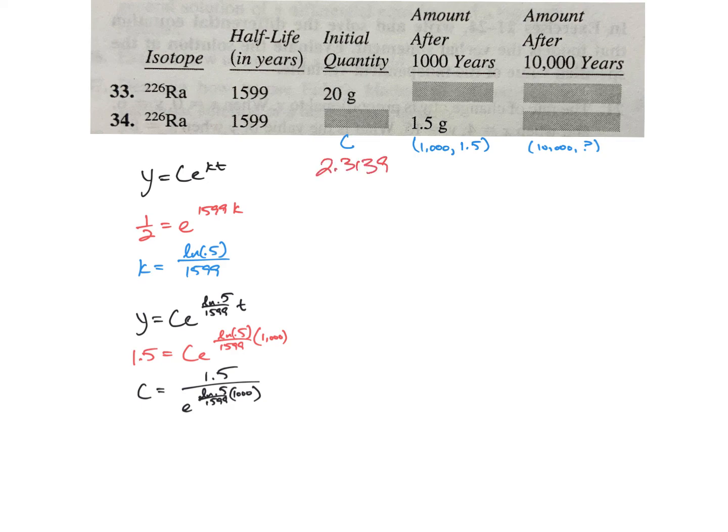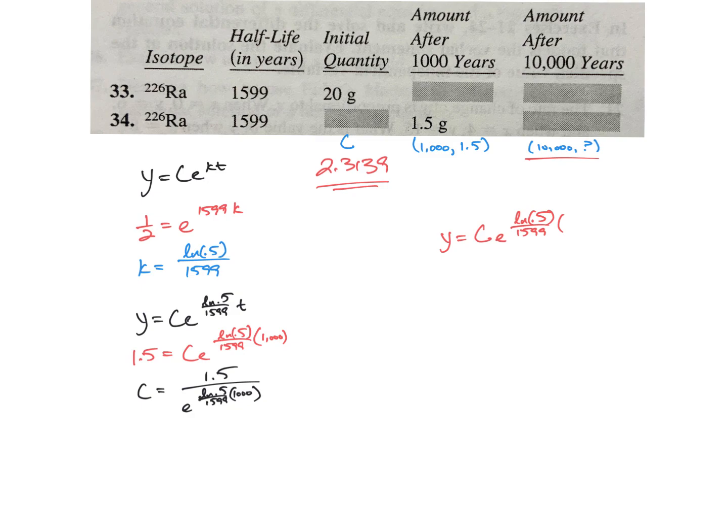So now, 2.3139. Fantastic. Now, it actually goes further than that, does it not? Yes? It goes further than that in your calculator. So when we find the amount after 10,000 years, you have this number in your calculator already. You following me? So now we end up having y is equal to c, whatever you have in your calculator, and then you're going to multiply it with e to the natural log of 0.5 over 1599 times what now?